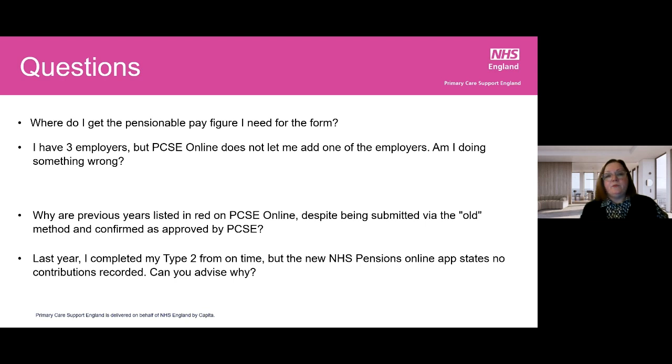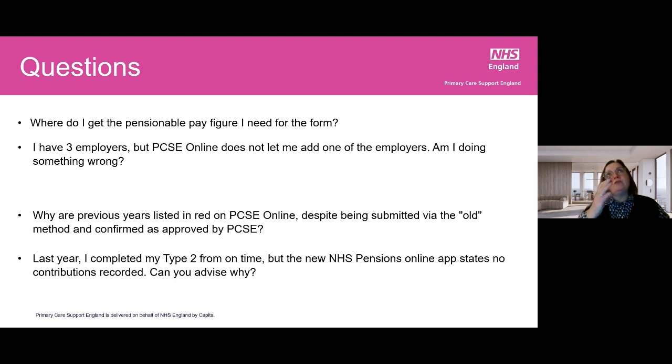So say the practice estimate was 50,000 and your actual pensionable pay was 56,000, as an example. You'll see that when you go to the type 2 screen, it will auto-populate with the pensionable pay as 50,000 because it pulls through from the system. And you've got that 6-month split, haven't you?